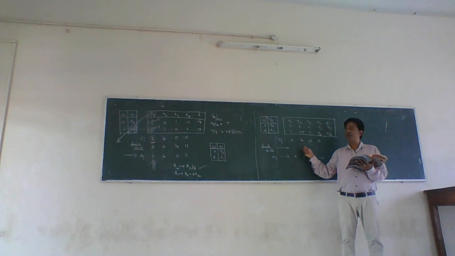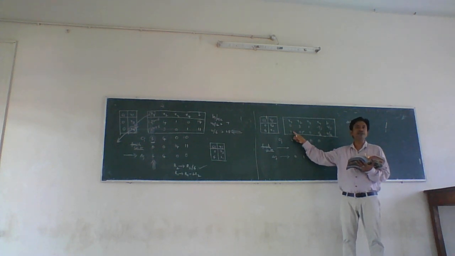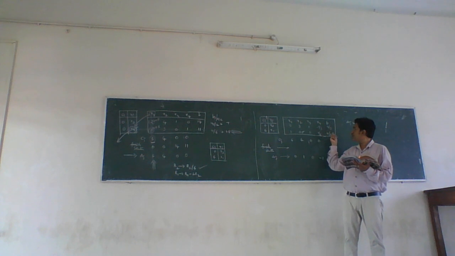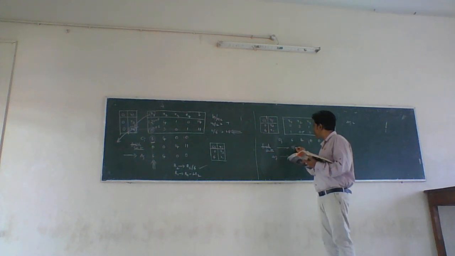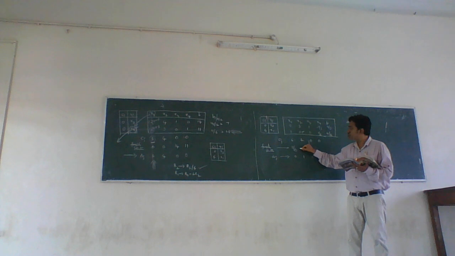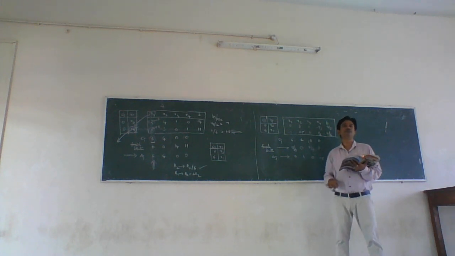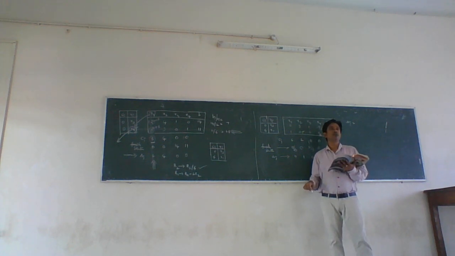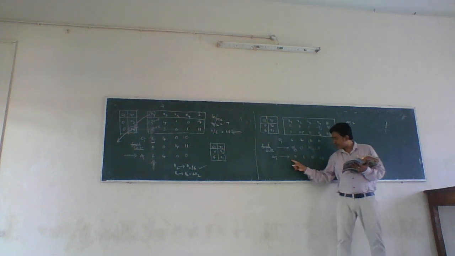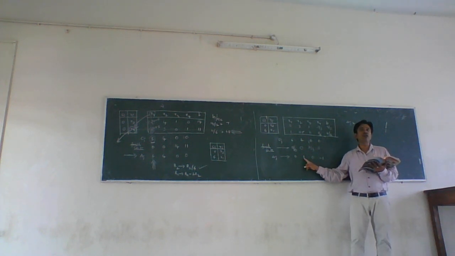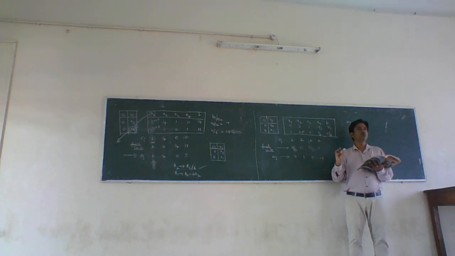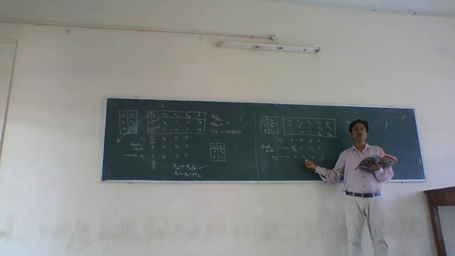So the feasible solution is 11 by 6 for one, and 31 by 3 for the other, and 0 for the rest. Now among the delta j values, at least one value is positive, so the algorithm will not terminate.